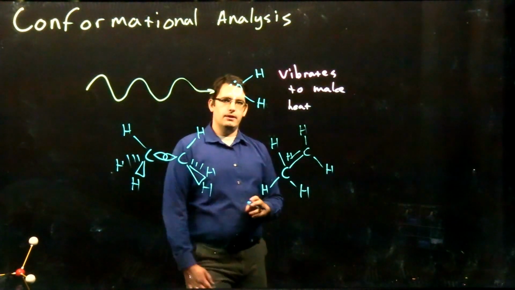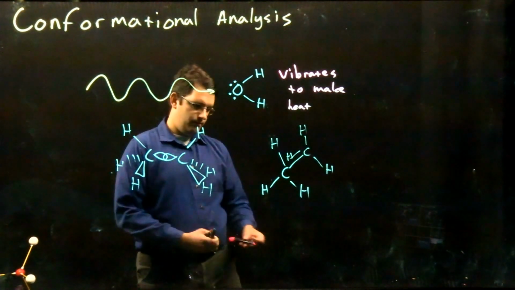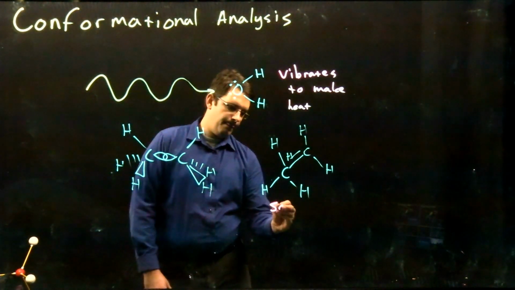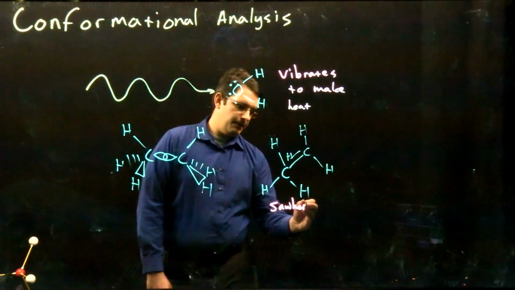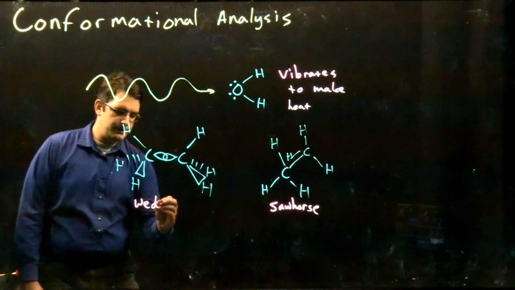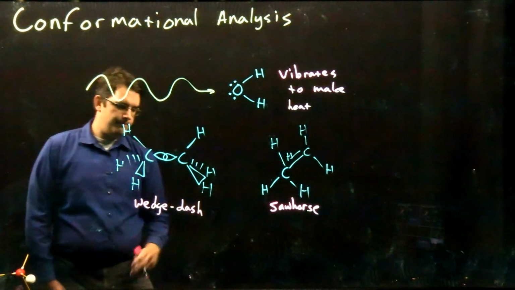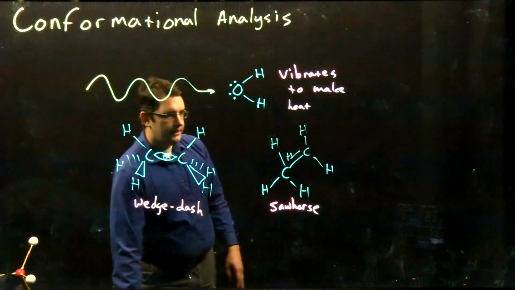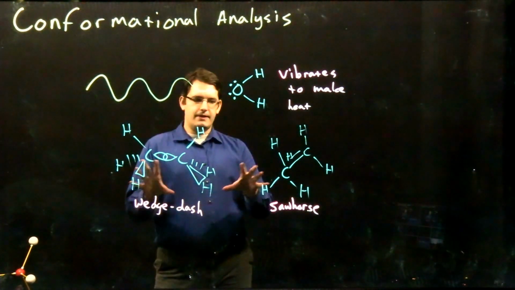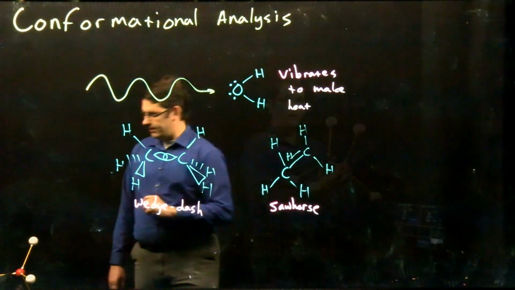So my sawhorse would look something like this. Of course, my representation over here is my standard wedge dash representation. Now both of these, they're trying to represent that three-dimensional shape on my two-dimensional structure.